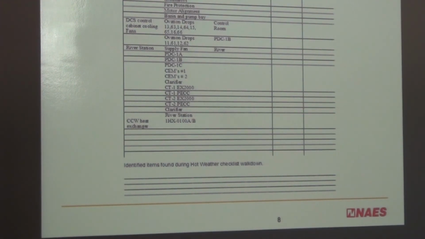Also checking the heat exchangers to make sure that they have adequate cooling. So the very first part of this is the blade pitches. We do this during outage, and it is just a once a year check. And that is pretty much it.